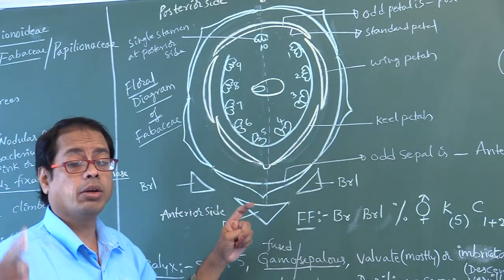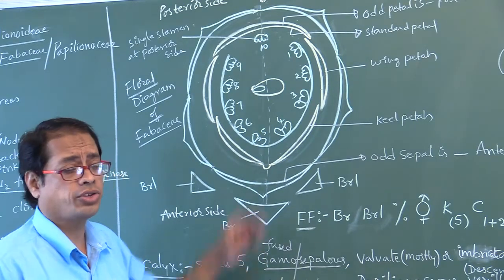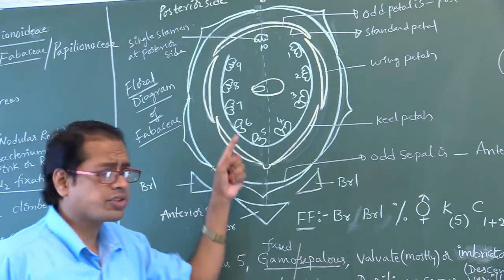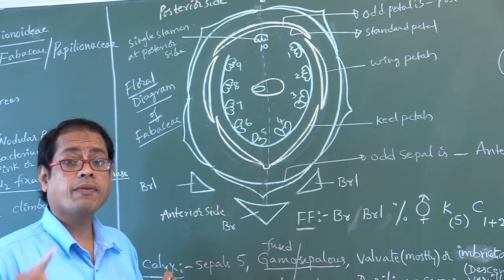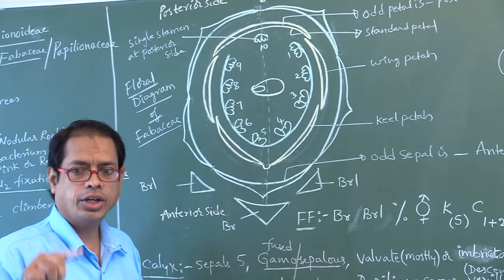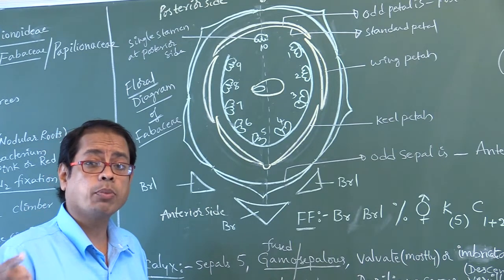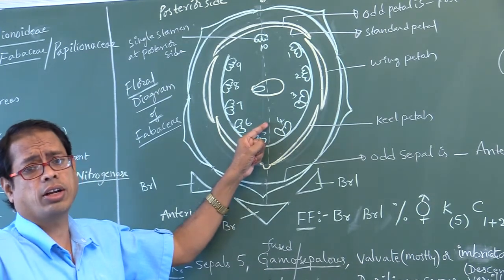Total microsporangia: one stamen contains 4 microsporangia, so 10 into 4, 40 microsporangia. Number of stamens in each Fabaceae flower 10. Number of anther lobes 10 into 2, 20. Number of microsporangia or pollen sacs 10 into 4, 40. Like that you have to calculate.